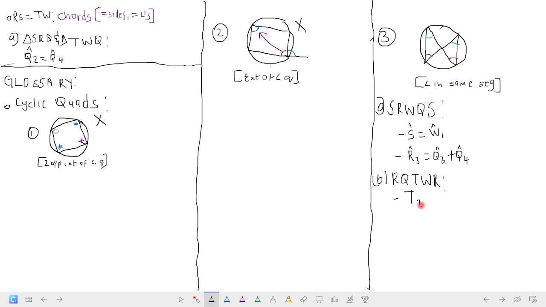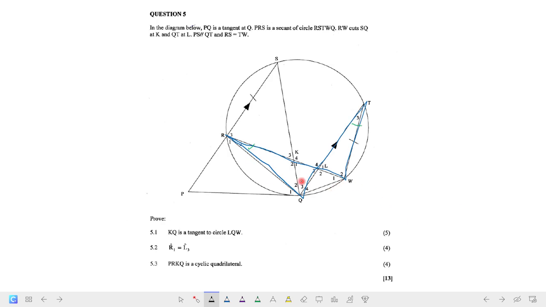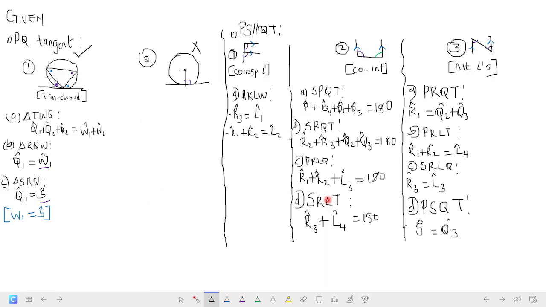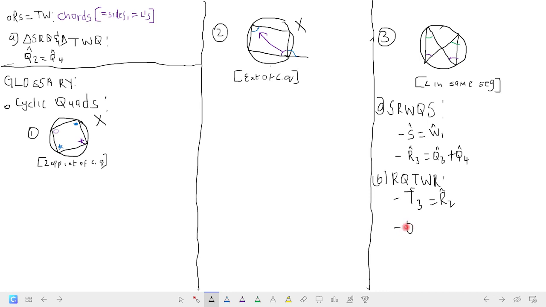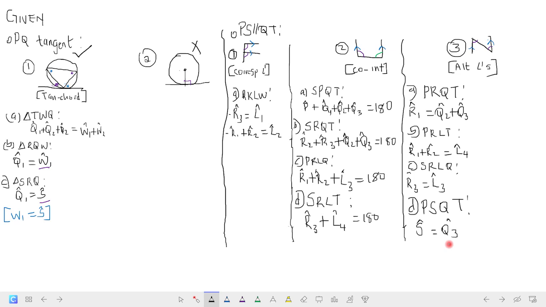T3 and R2, same. Let me just double check there. Yep. And lastly, I can see that Q2 plus Q3 is the same as W2.